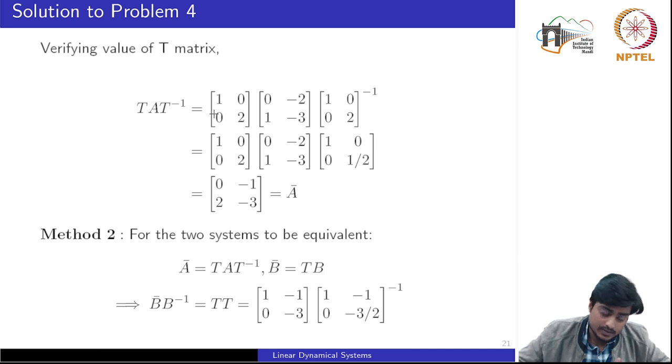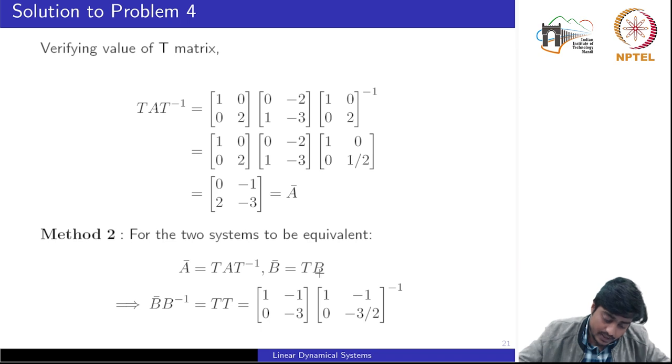So with this T matrix, we saw that these two pairs represent the same system, or they both are equivalent. Now here we have an advantage, because if you recall this equation, B bar is given by T into B. If there exists any T matrix by which B bar and B are related, and at the same time A bar and A are related using this equation, we say that T is the transformation matrix.